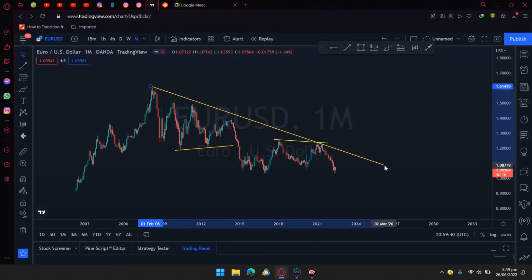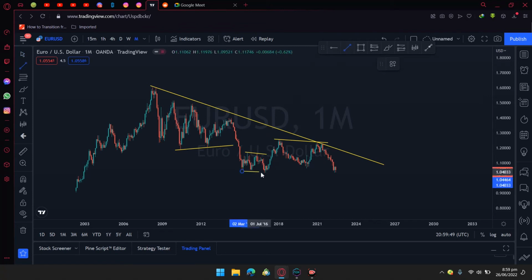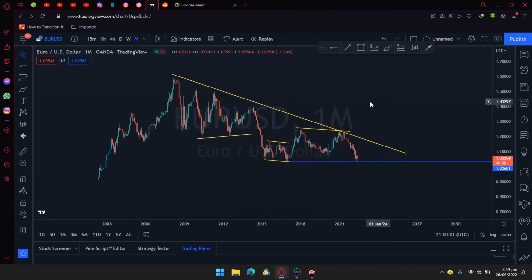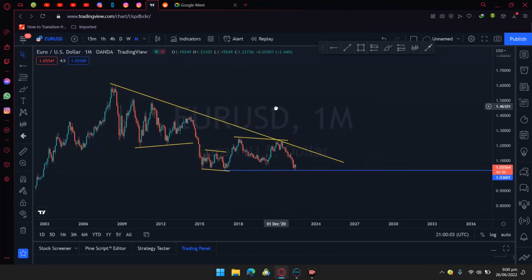Those are nice corrective phases. Currently we use this horizontal line as a reference point. This was basically a corrective phase of Euro and the US dollar.